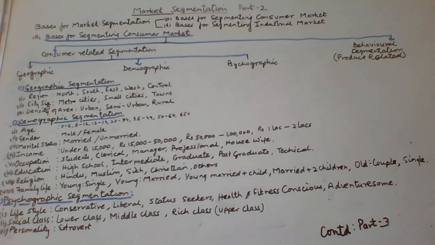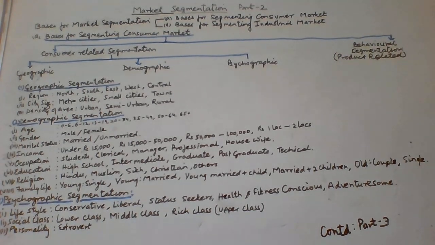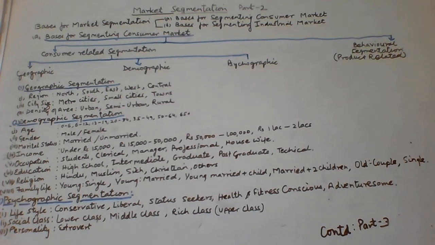When we talk about the basis for segmenting the consumer market, the four major variables are the geographical variable, the demographic variable, the psychographic variable, and the behavioral variable. The first three relate to the consumer, whereas the behavioral aspect relates to the products, and I will discuss it in the next video. Thank you so much.